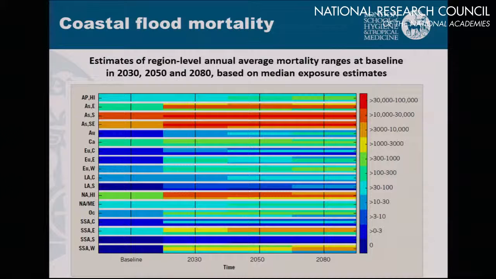But that assumption around coastal defences is based purely on GDP. So if you have high GDP, the assumption is you will build those coastal defences, which we know may not be actually true in the real future, okay?